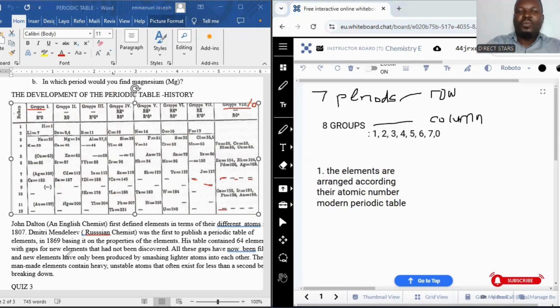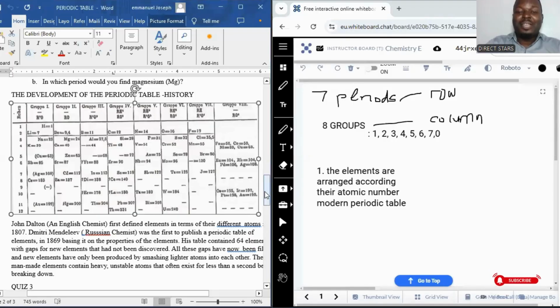With the mindset that more elements would be discovered in the future, he created those spaces so that more elements could fit in. Was he right to do so? Of course, he did the right thing, because if not for that, we would not have the beautiful periodic table we use today.